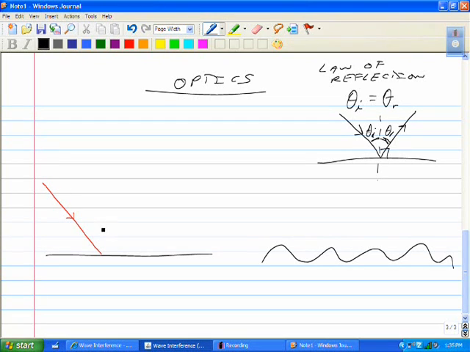What did we say about the law of reflection? It's going to bounce out at the same angle relative to a normal. So it looks like that. Now if I draw another, in this case blue ray coming in, how's it going to reflect?